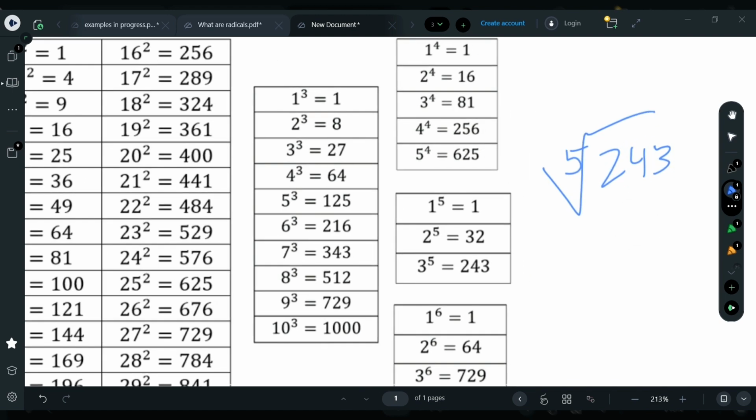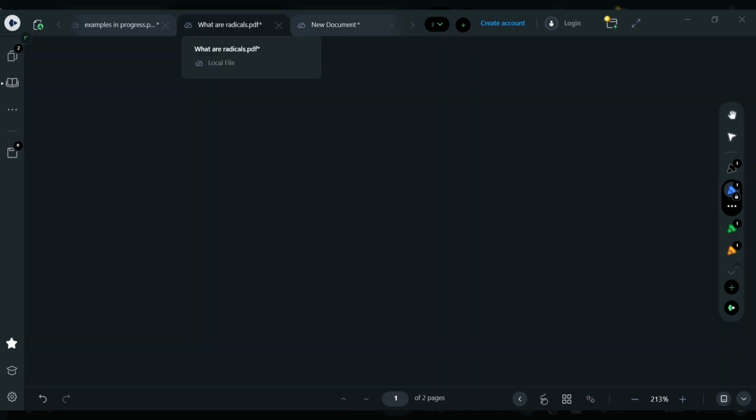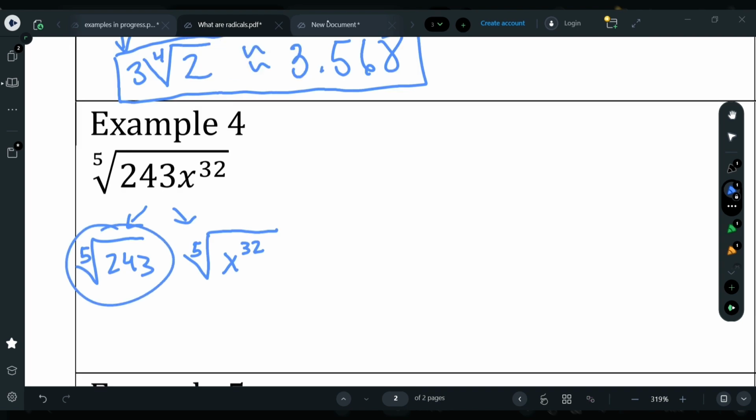And since the root is a 5, this is the list that I'm looking at. Powers of 5. And guess what? There's 243. It's on the list. So this is telling me that the fifth root of 243 is equal to just a 3. So this is going to change to a 3. Right here. This piece just becomes a 3. So that one was pretty easy.